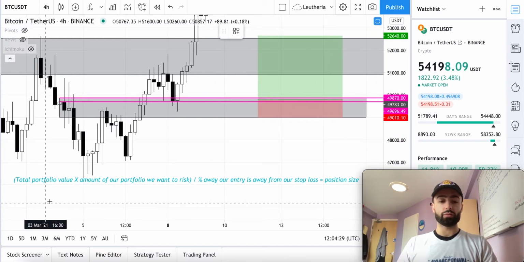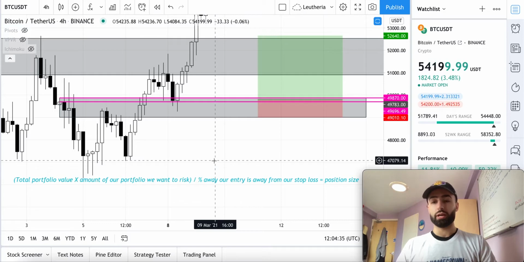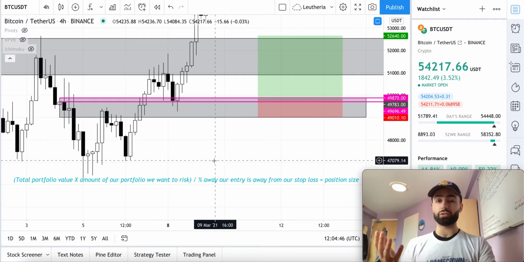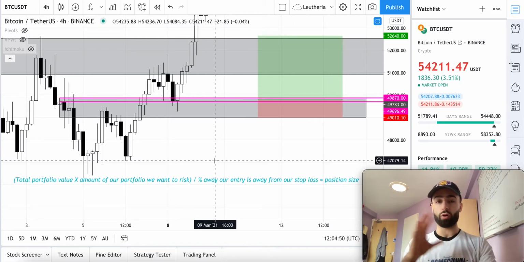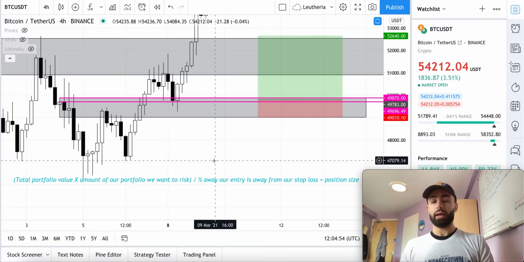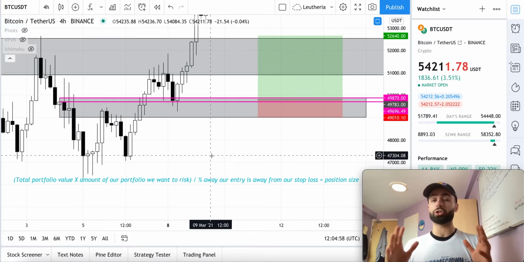We take $15,000 and multiply that by the amount of our portfolio we want to risk. You never really want to risk, in my mind, more than about 3% of your portfolio on any given trade. The reason for that is because every time you take a trade, if you lose the trade, you only lose 3% or less of your overall portfolio value on that trade. So it's pretty insignificant. And with that, you can stay in the trading game much longer.